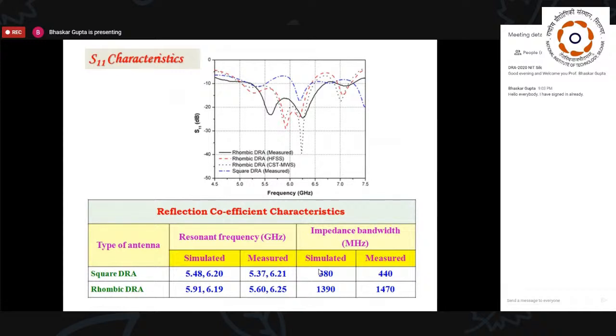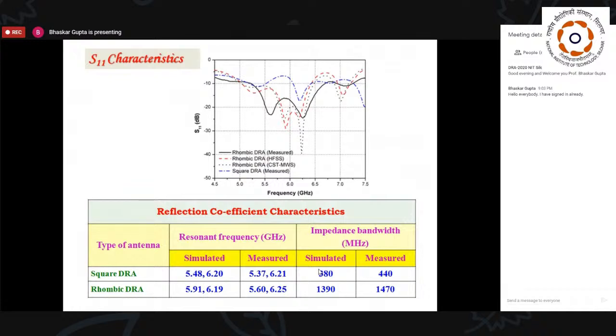Well, the two frequencies were shifted a little. You see, 5.37 had a much greater shift to 5.60 gigahertz, whereas 6.21 gigahertz frequency shifted to 6.25 only. In a simulated form, there's little change from there, but the shift of the upper frequency is even less, for the lower frequency is even more.